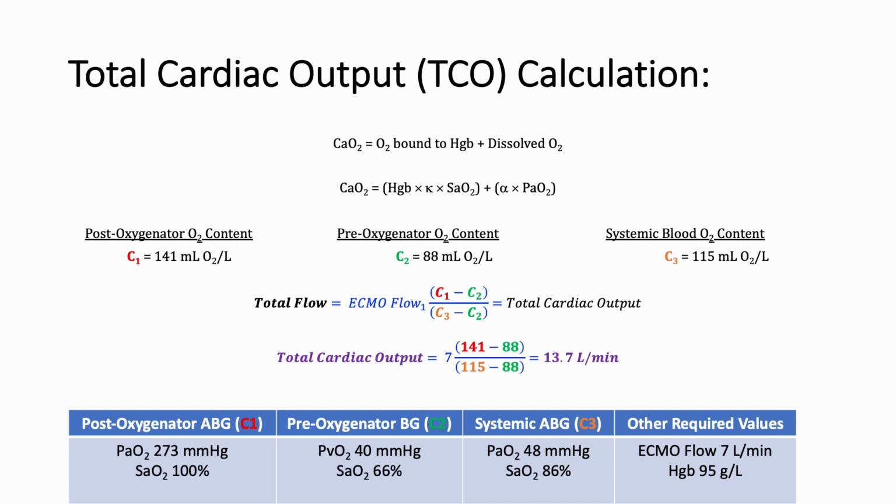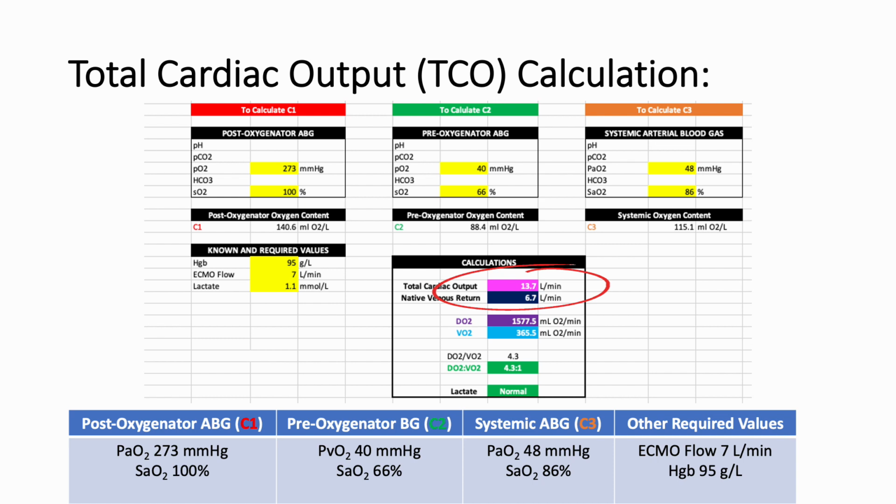This is the example worked out. This will automatically be calculated for you with the spreadsheet, but through all of this math, we can figure out that the total cardiac output of the patient is 13.7 liters per minute. And this is shown here, calculated out automatically for you in the spreadsheet as well with numbers that match.